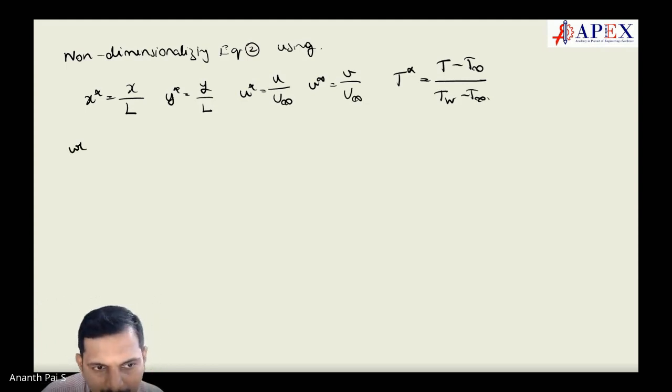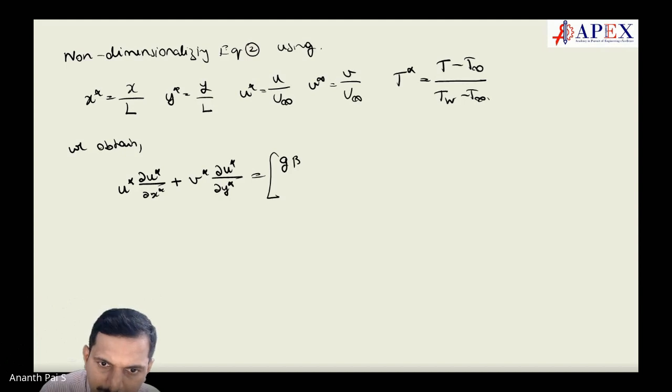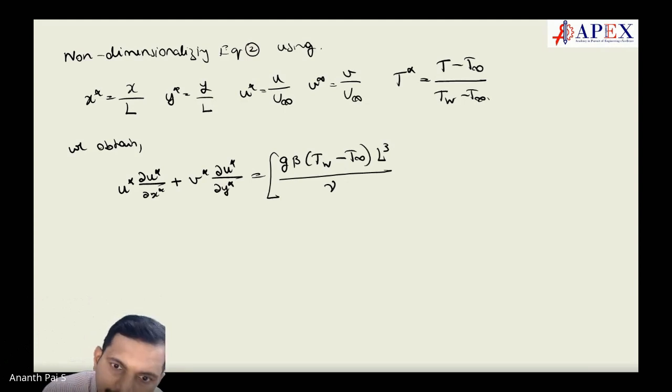We obtain, I'm not going to do that derivation. To convert, u star dou u star by dou x star plus v star dou u star by dou y star is equal to g beta into (T wall minus T infinity) into L cube divided by nu square, where nu is kinematic viscosity.